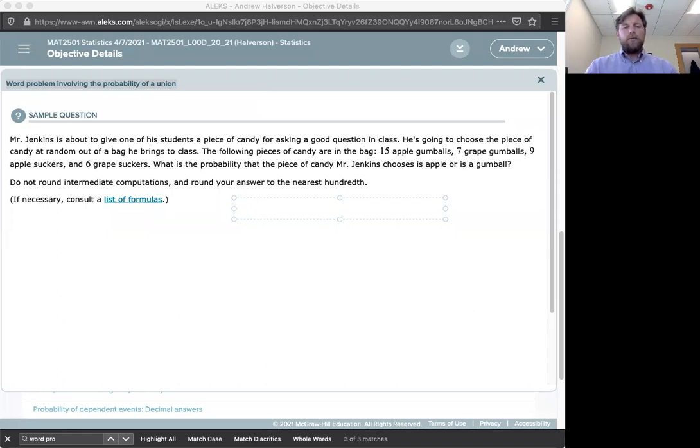We'll do a chart of, so we have gumball, suckers. And then here we'll do, bear with me.